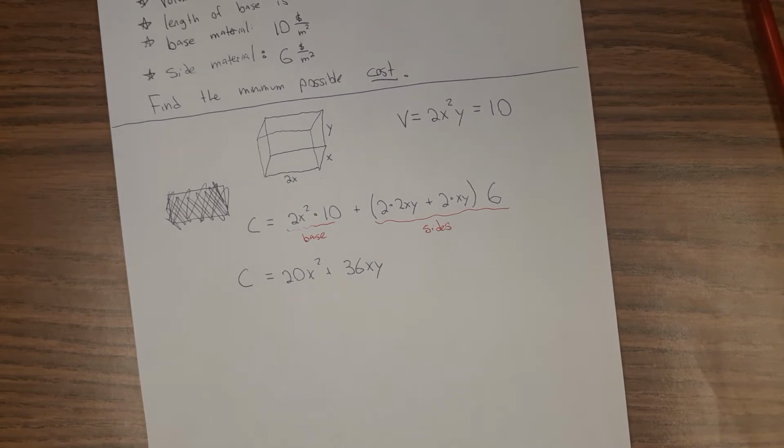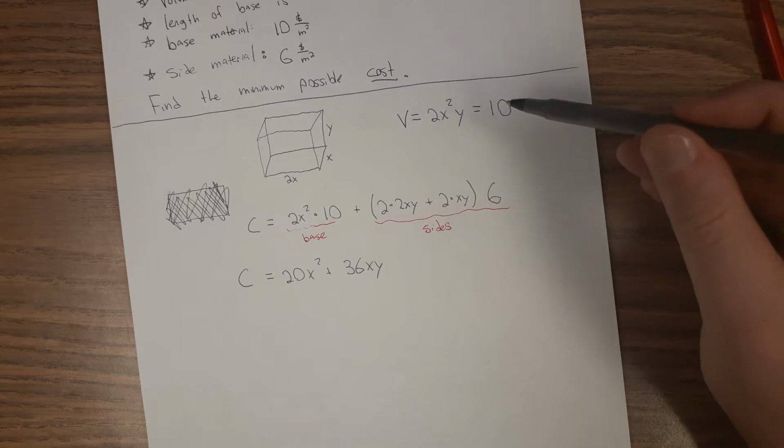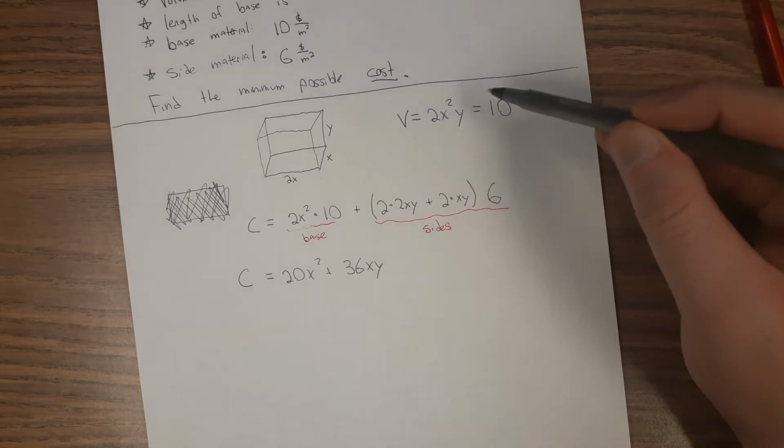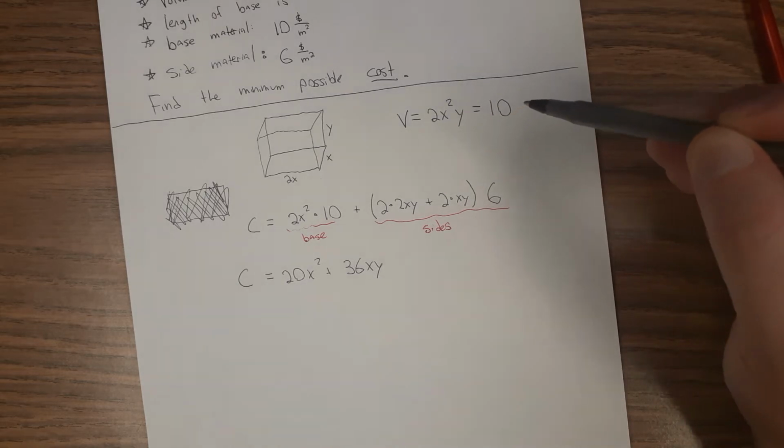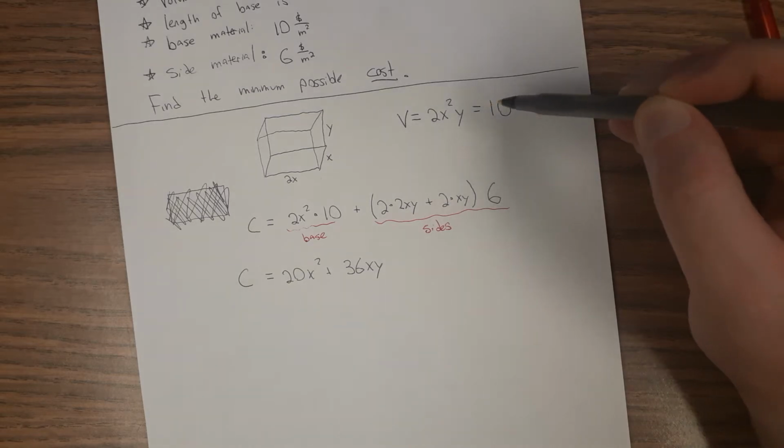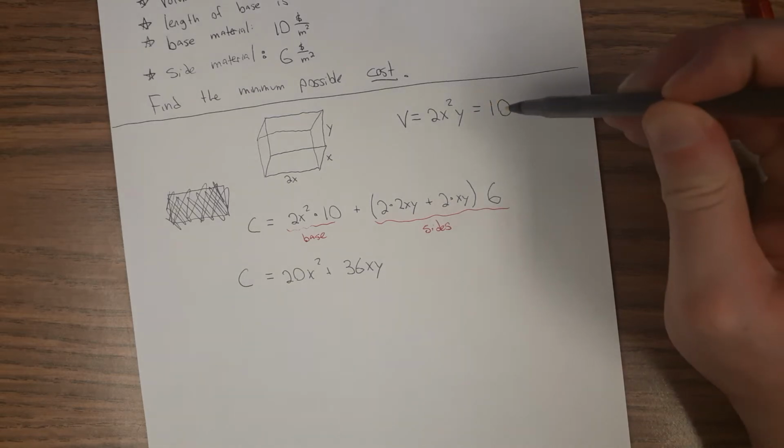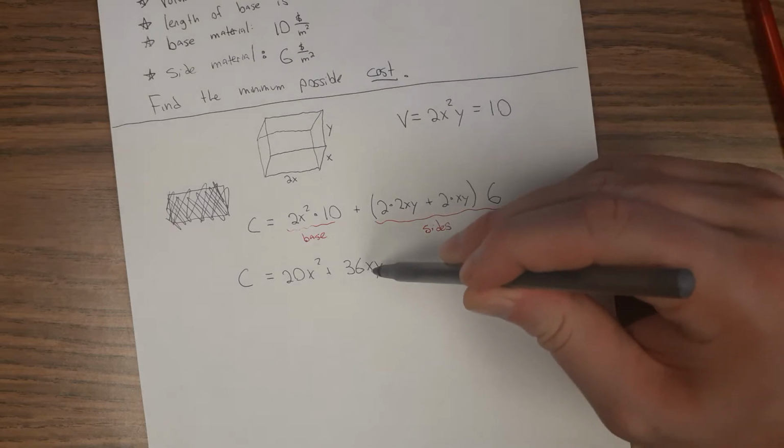Where we are right now is that we have the thing that we're trying to maximize or minimize, but it's in terms of two variables. And this is where I would look for some piece of information that would help me solve for one of the variables in terms of the other one. Luckily, since I got a little bit ahead of myself in the beginning, I already wrote down what that piece of information was. So I can use this piece of information to solve for something and plug that in here.